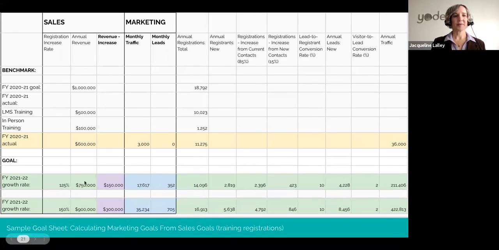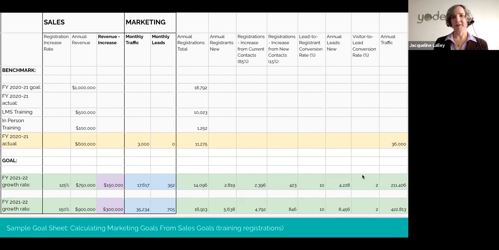So we map out what the actual revenue was from a particular activity at the organization, and then how that would be affected by growth at a rate of 125%, 150%. Over here, we see what the sales goal would be. And then in marketing, there's a commensurate increase in how much traffic you would need to reach a bigger goal, how many leads you would need to reach that bigger goal. And that's all backed up by formulas that we've created.